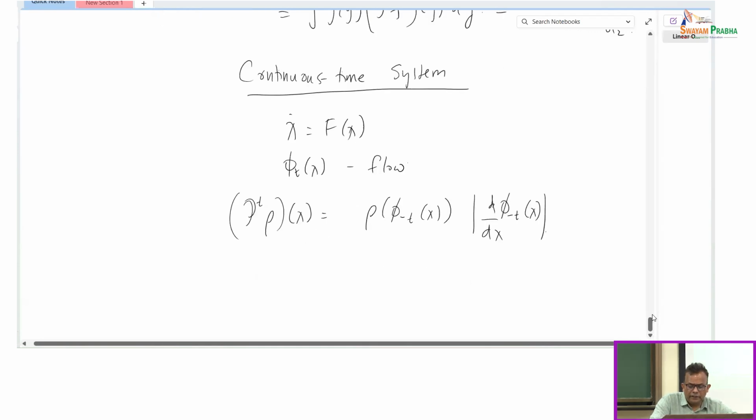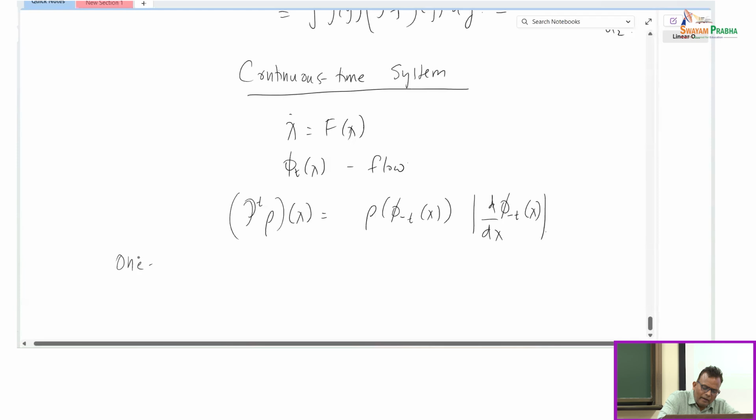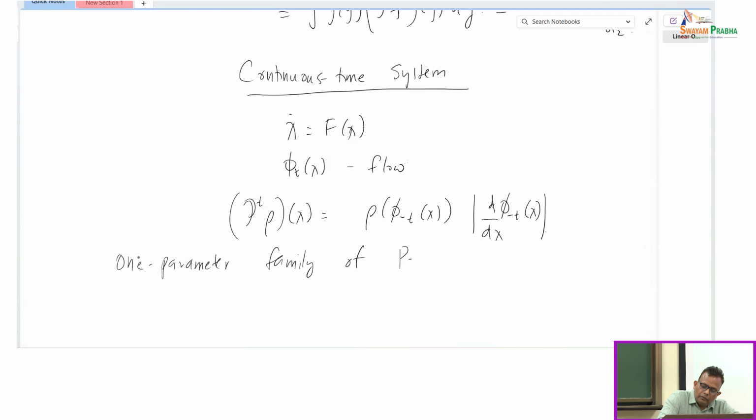Now we can define the generator for this. So this is a one parameter family of, I'm going to write this as PF instead of Perron-Frobenius, PF for short, Perron-Frobenius operator.